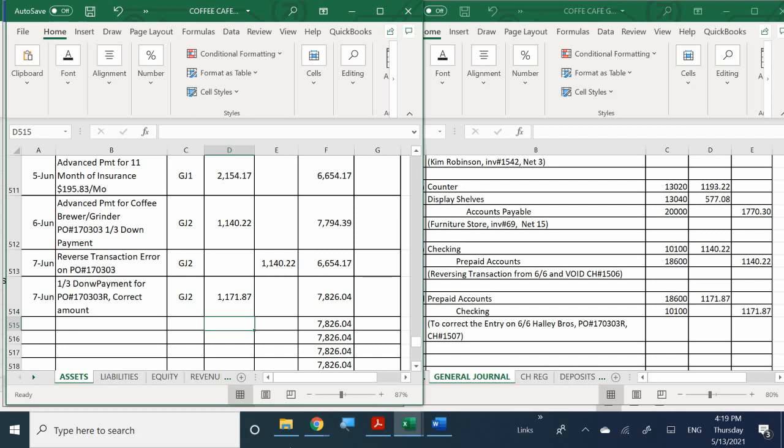Can you hold it there for just a minute? Mm-hmm. What is that under? Prepaid accounts. Oh, no, I put it under the wrong one. Okay.